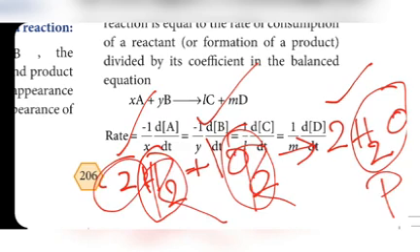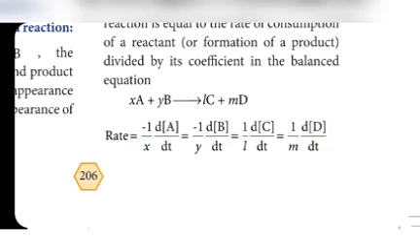This is number of moles of reactant, this is number of moles of product. Like that, in that equation A, B, C, D all are reactant and product. These x, y, l, m, these are all numbers, that is stoichiometry, that is number of reactant or product.